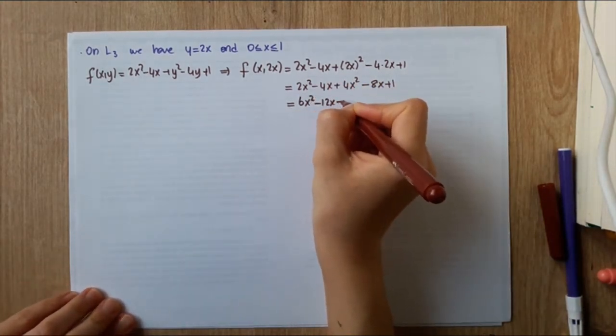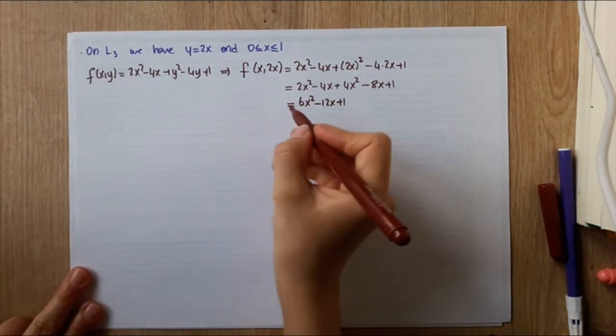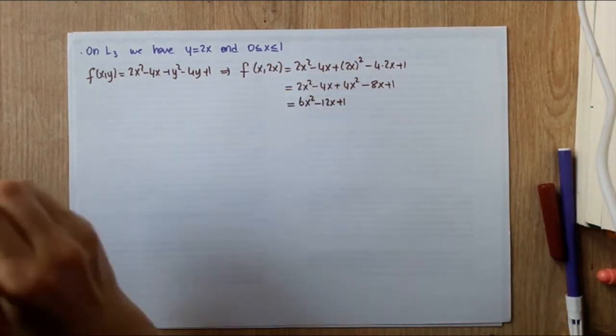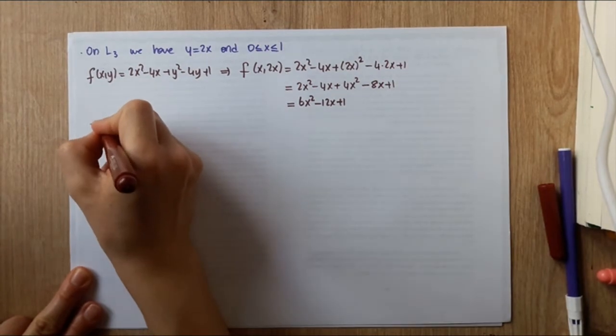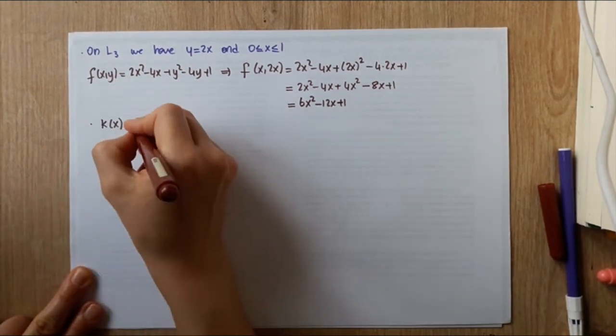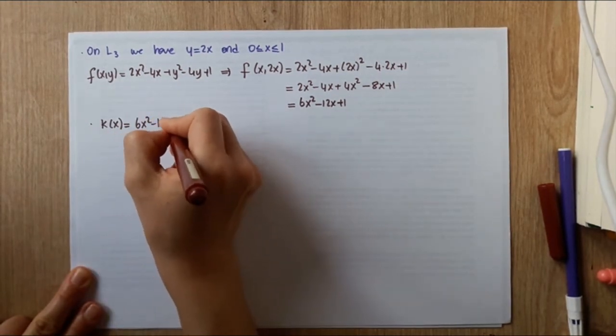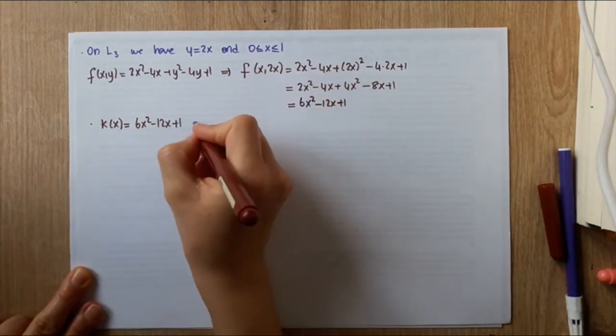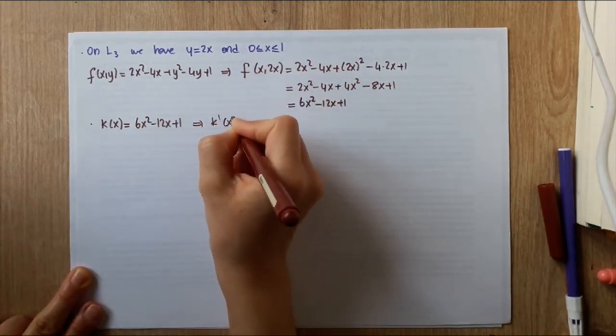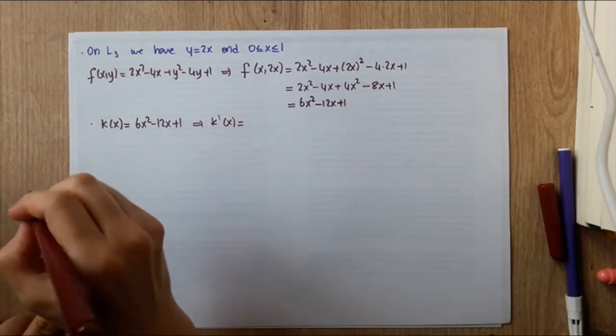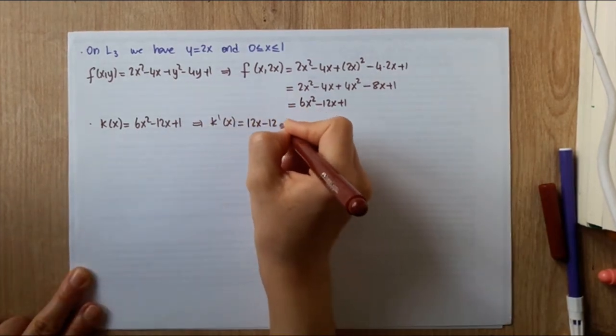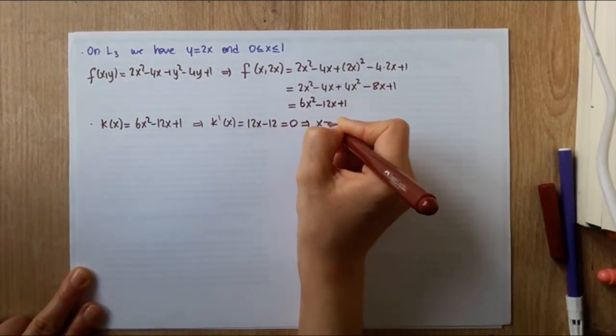So the function turns to 6x squared minus 12x plus 1. Okay, so again, because we have a single variable function and an interval, I will define another function k of x, which is 6x squared minus 12x plus 1. We know the endpoints, so to find the critical point, I will evaluate the first derivative. 12x minus 12 equals 0, which is x is 1.